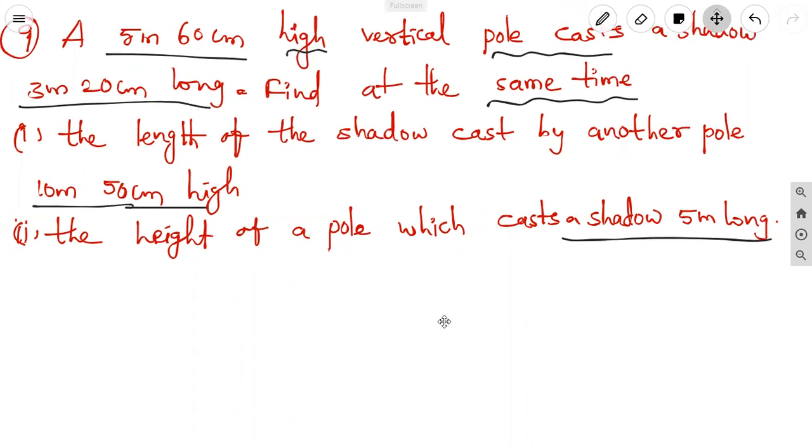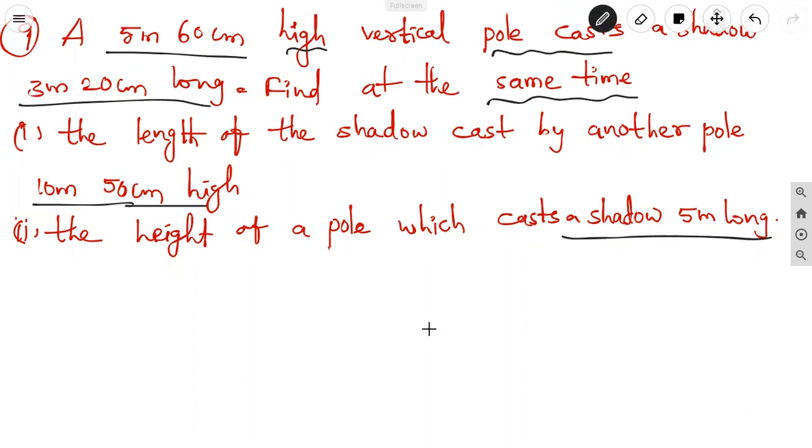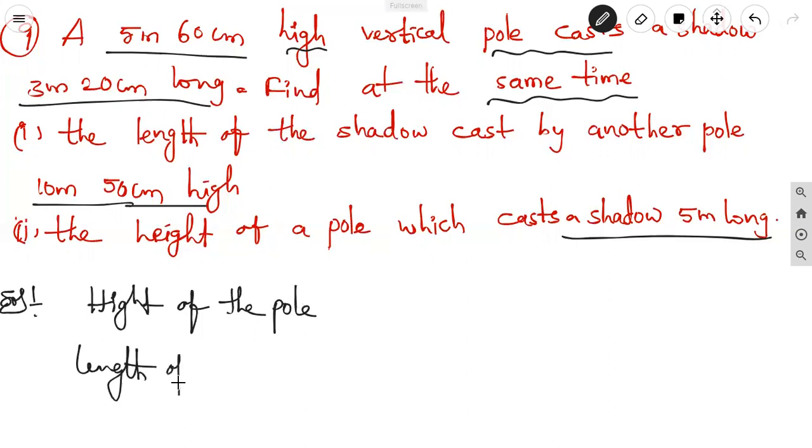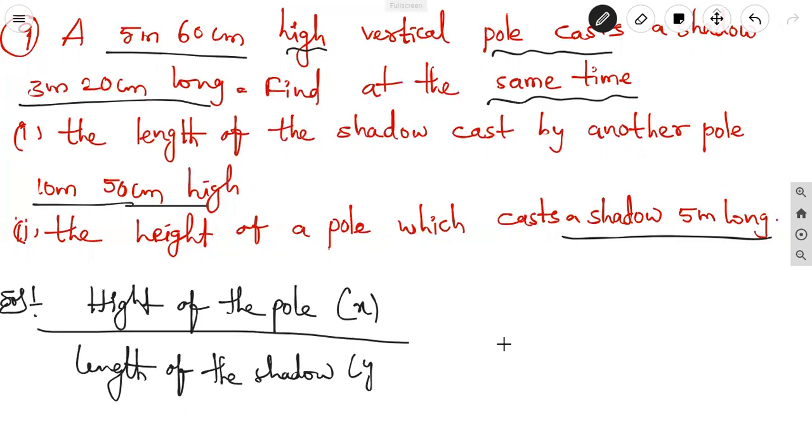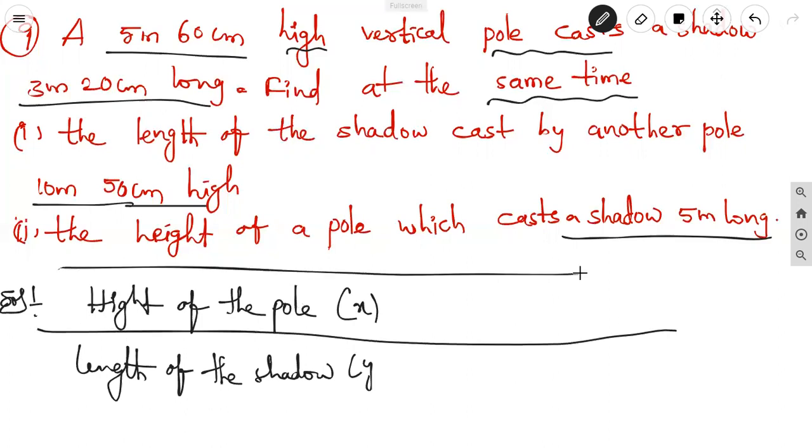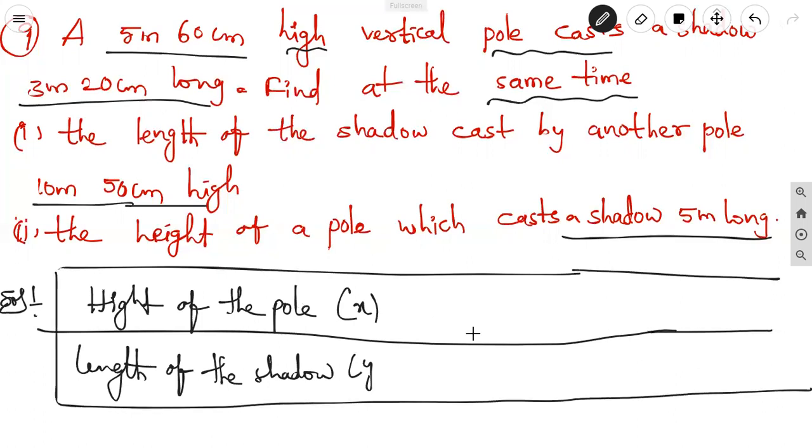Okay, here from the given data, we write in a table: actual height of the pole, length of the shadow of the pole. Height of the pole is in X variable, length of the shadow is in Y variable. The relation of the two variables is directly proportional.